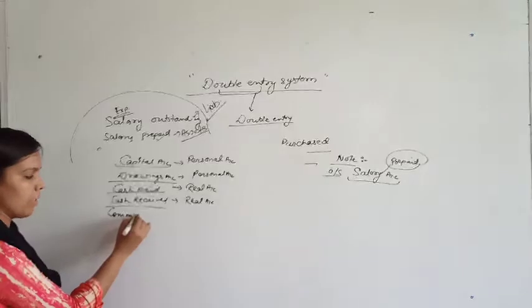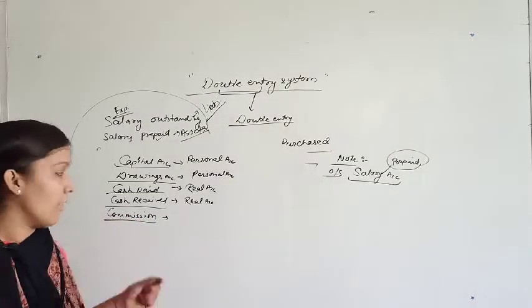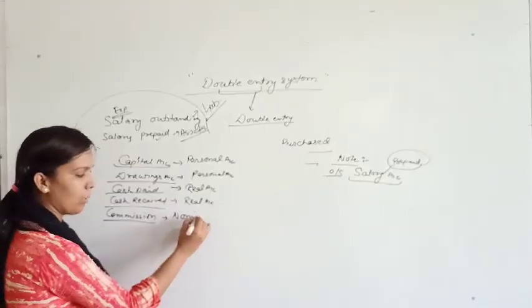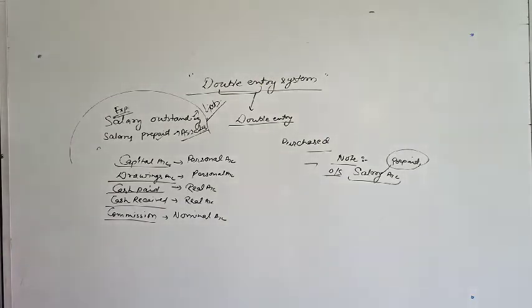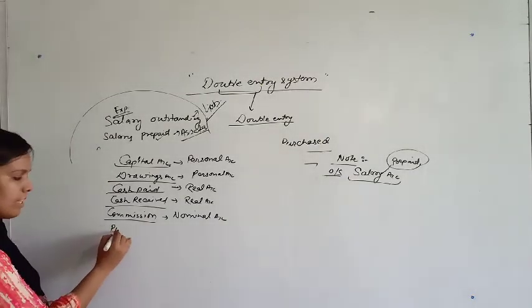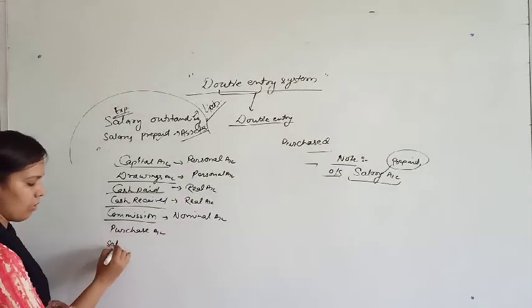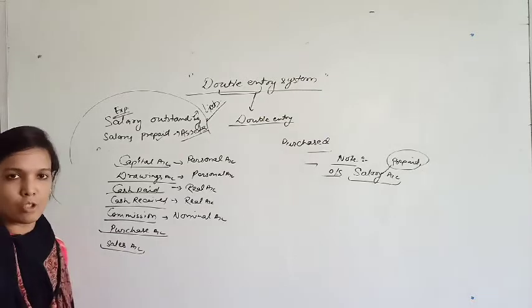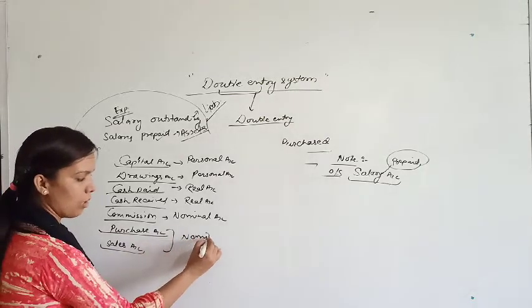You know that commission is either paid or received. If it is paid, then it is expense. If it is received, then it is income. So in both conditions, it will be nominal account. Clear? Next one is purchase account and sales account. These are also income and expense. So these are also termed as nominal account.